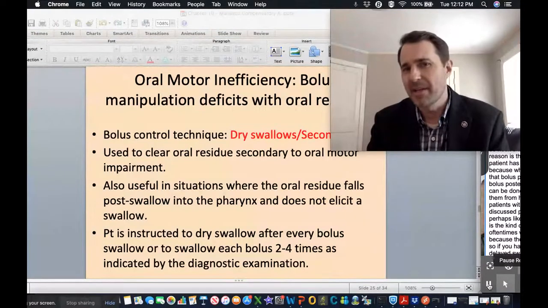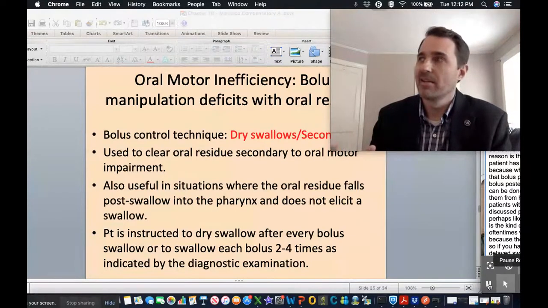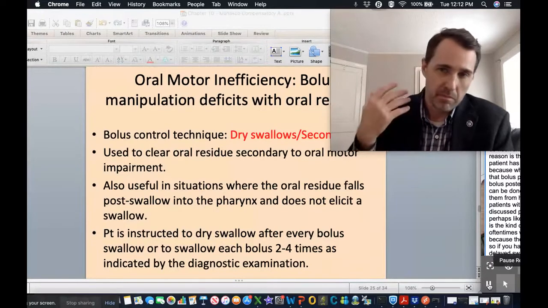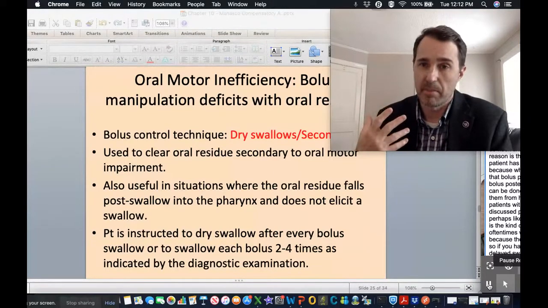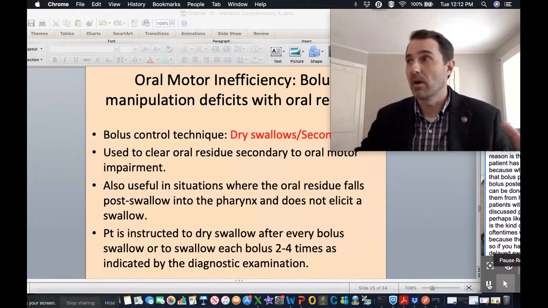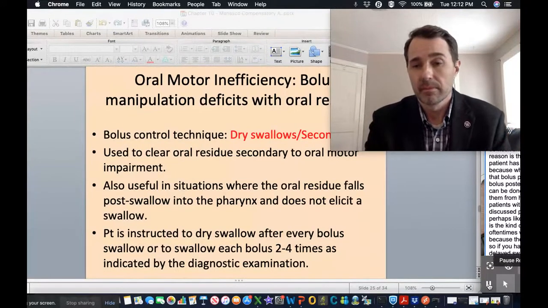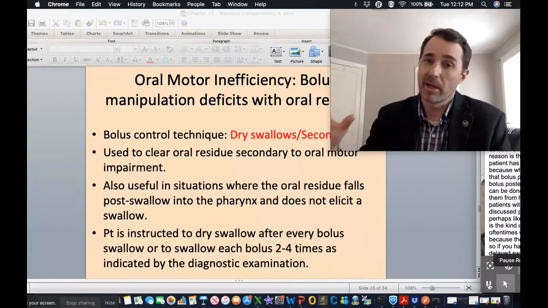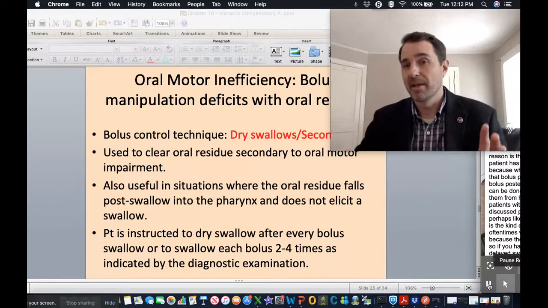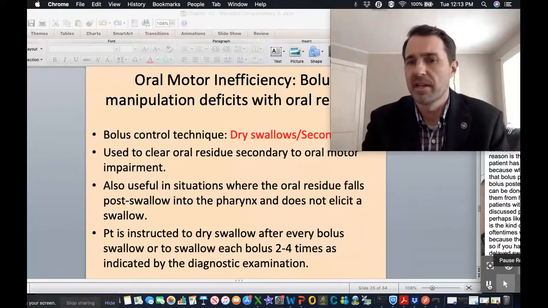So you have to keep in mind with all the strategies that you're recommending, not only how is this going to facilitate the remediation of the problem, stasis, aspiration, penetration, whatever, but how is this going to affect overall their ability to take their meal? Because your recommendations can be pushing them into sort of a non-functional eating situation.